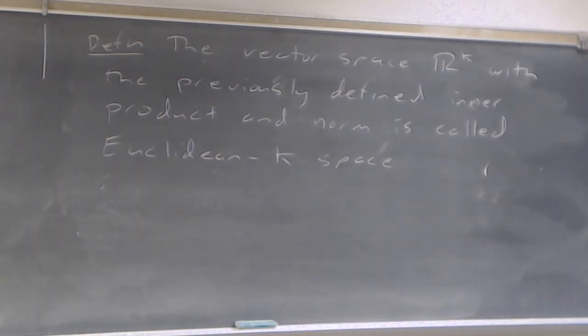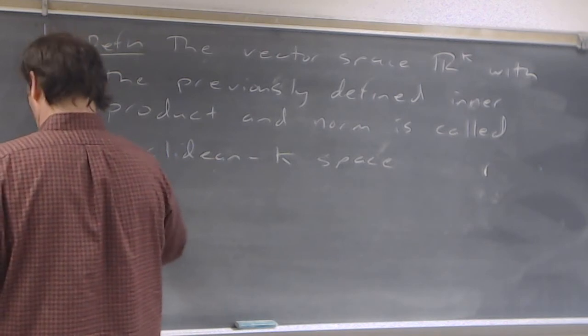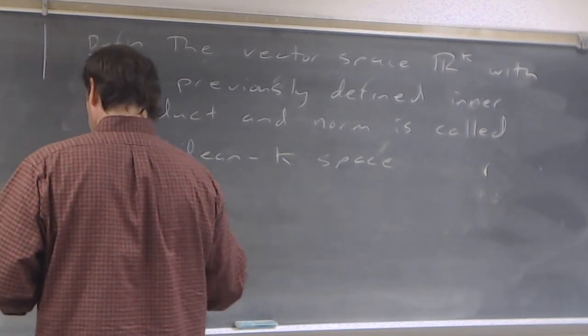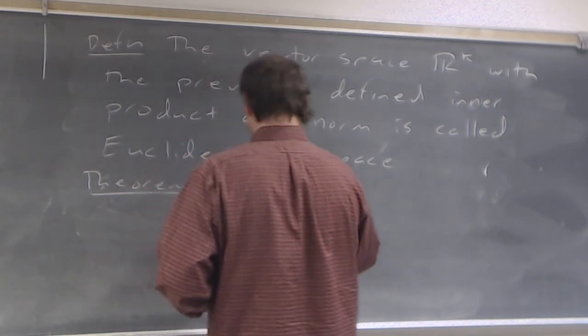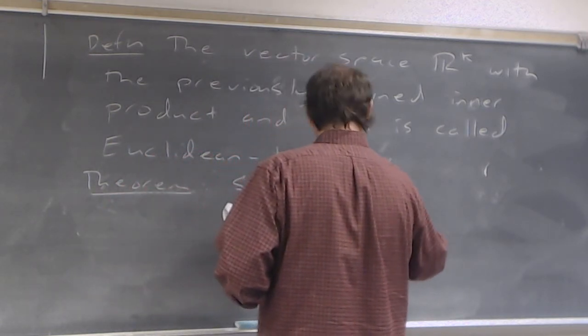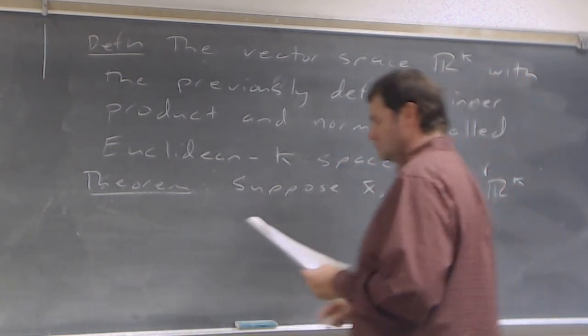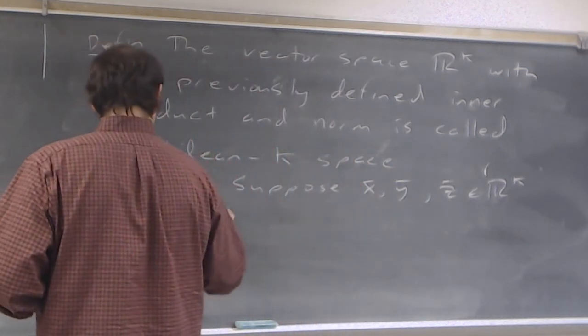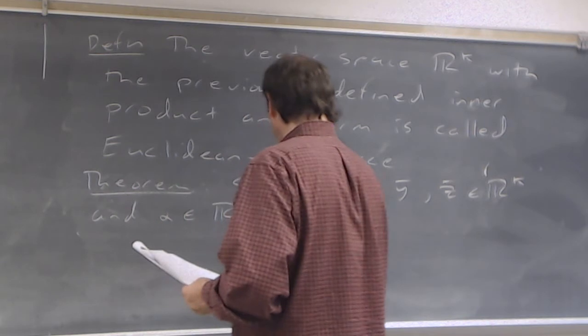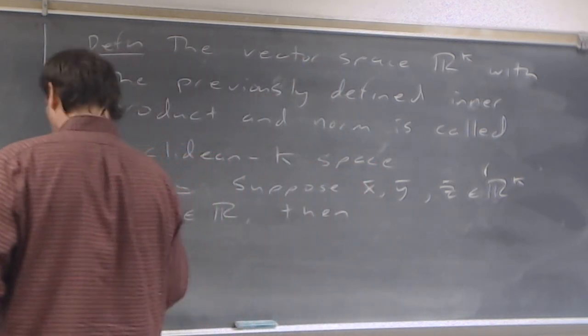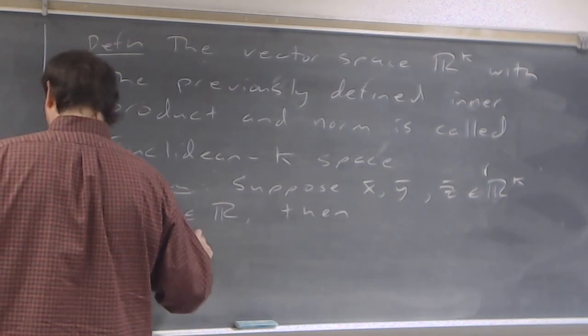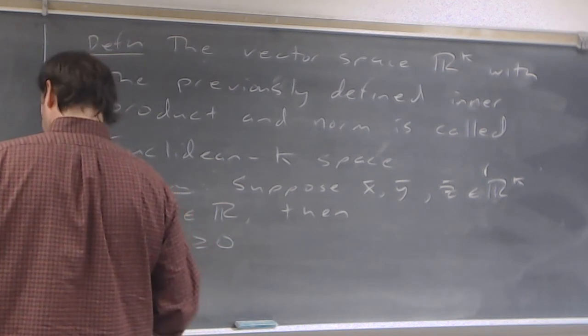And so we're going to now do some properties about inner products. Okay? So here's the theorem. It says, suppose x bar, y bar, and z bar are elements of R^k, and alpha is an element of R, so that's a scalar. Then, here's what we have. First of all, the norm of x bar is greater than or equal to 0.